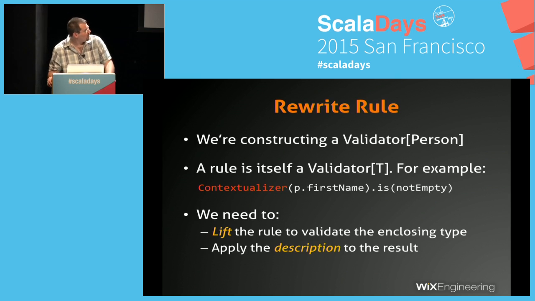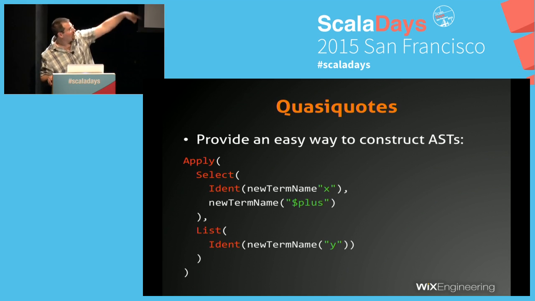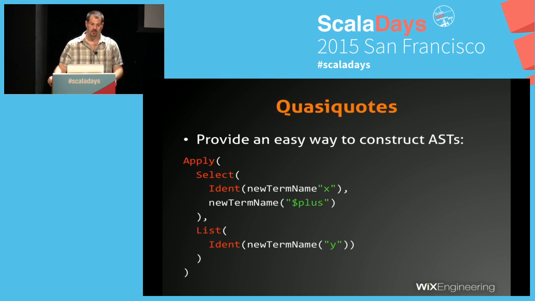So in this case, what we're going to do is generate an abstract syntax tree. And fortunately, generating abstract syntax trees is actually typically way easier than breaking them apart because you have something called quasiquotes. So a very small digression. All of this is the abstract syntax tree for the expression x plus y.